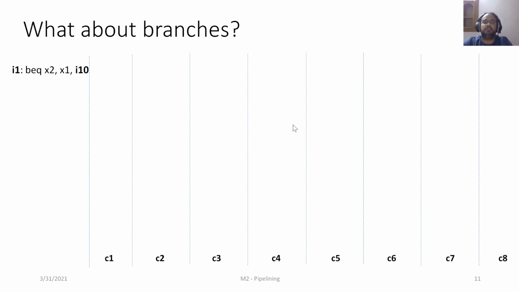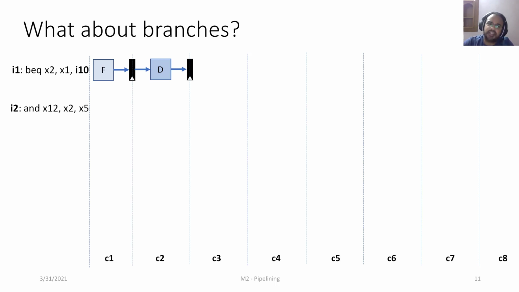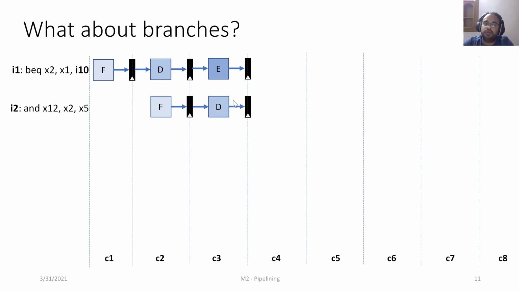Let's see how we can achieve that in the pipeline fashion. So in cycle 1, I1 will be fetched, I1 will be decoded in cycle 2. At the same time, I2 will be fetched. In cycle 3, we are going to execute the branch instruction. At the same time, we are going to decode I2 and fetch I3.